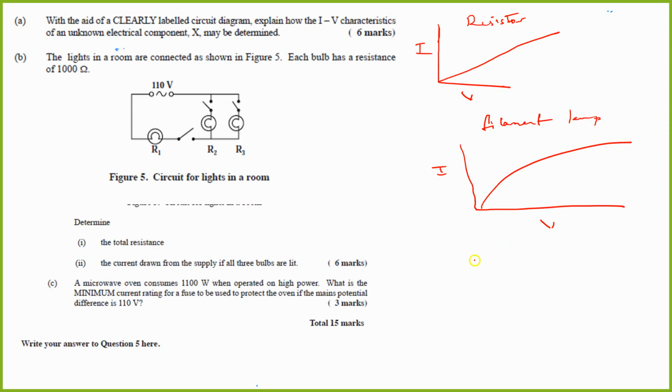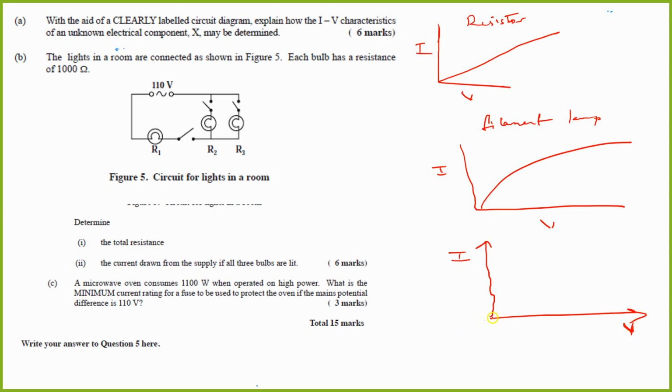There's another component what we call a diode. You ever heard about a diode before? Yes, sir. You know what the purpose of the diode? It's like a type of switch. All right, fair enough.